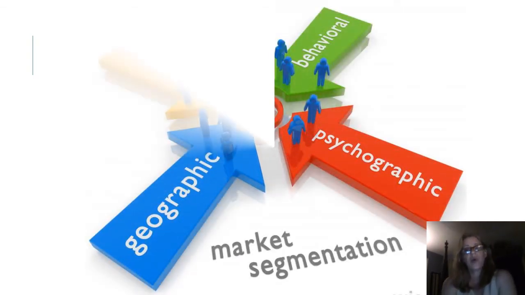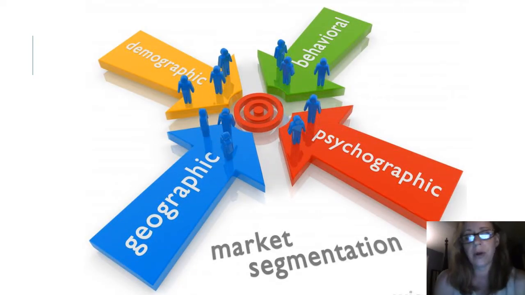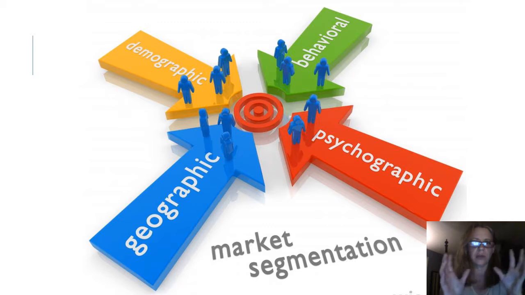All right, so what we're going to look at is what we call market segmentation. We take the whole market or the whole population, and we try to identify certain characteristics of people. You know, we're all different. So we try to identify these characteristics of what would make the perfect customer.